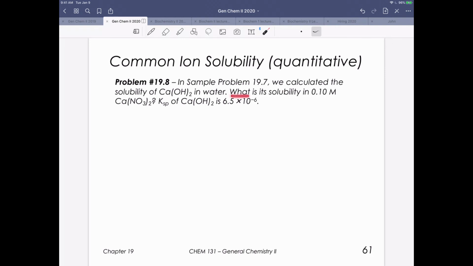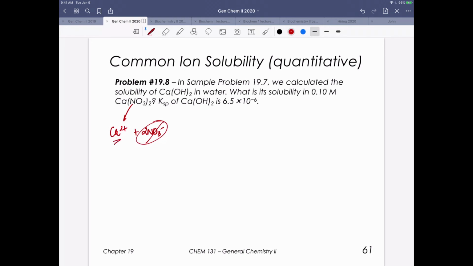So we build on this and we say, what if we added 0.1 molar calcium nitrate to solution? If we've added calcium nitrate, we have to remember that that's going to be adding calcium ions and nitrate ions to solution. Nitrate ions are going to be spectators, so that's not anything I need to worry about.